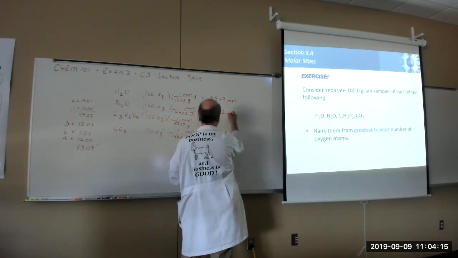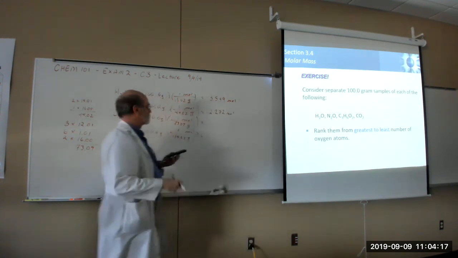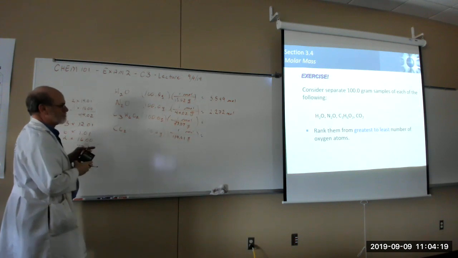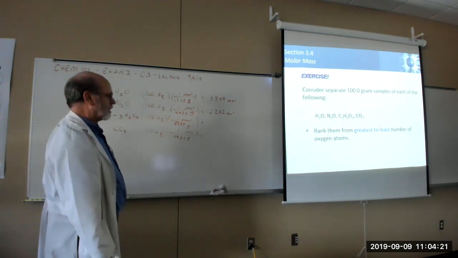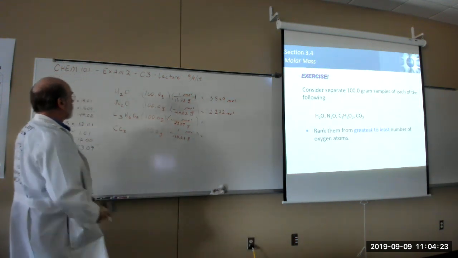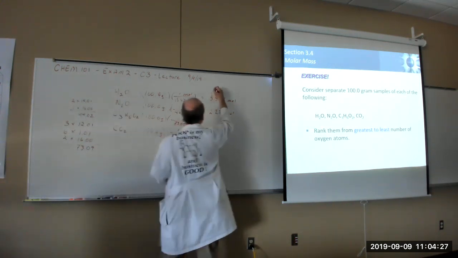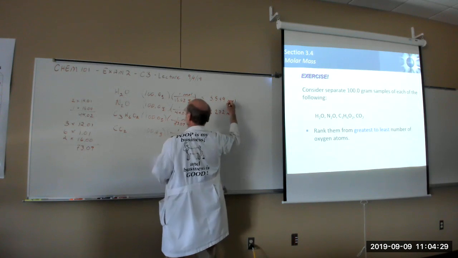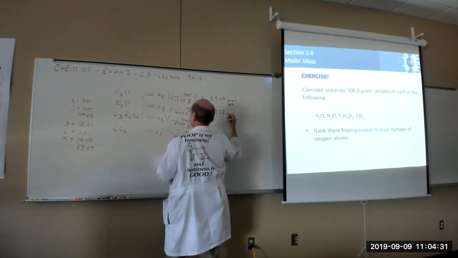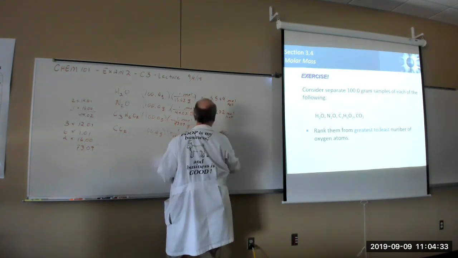So we still have to go through and do every single one, because we're asking for just the oxygen atoms. This is moles of water. This is moles of nitrous oxide.